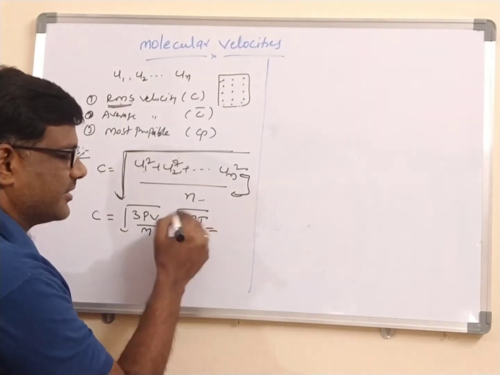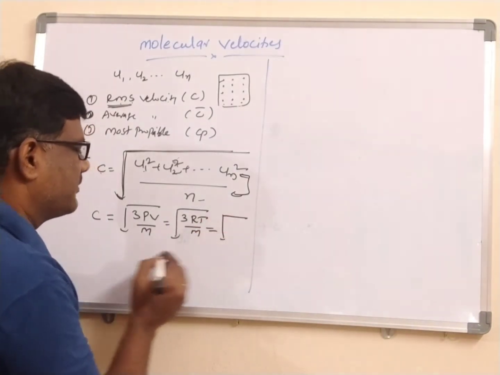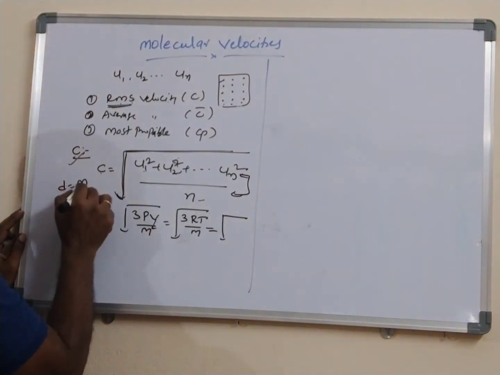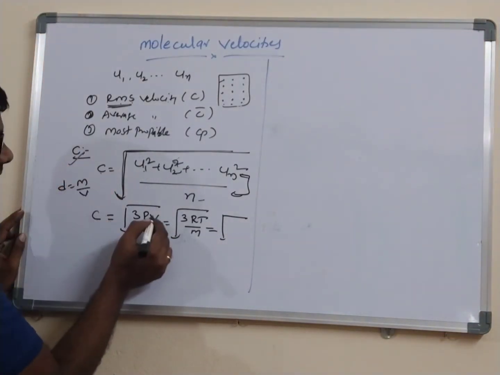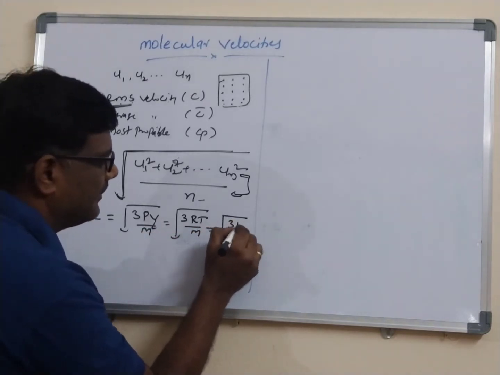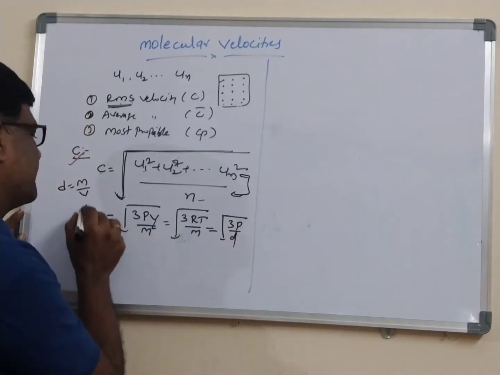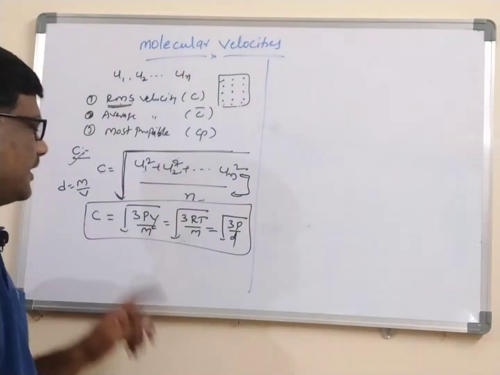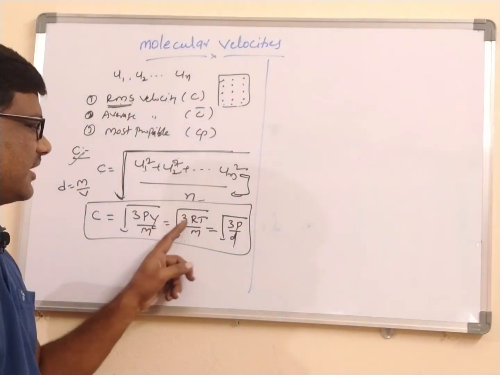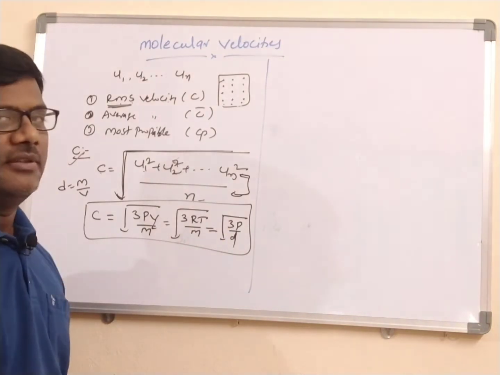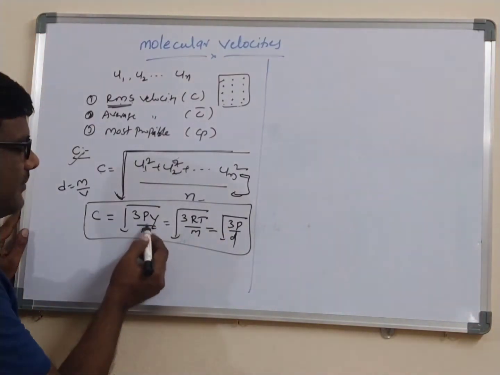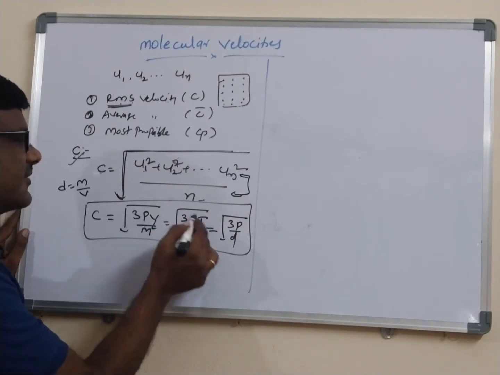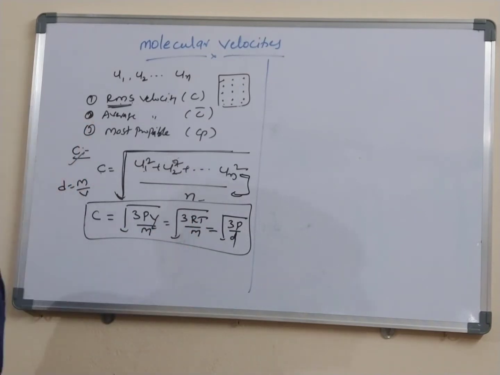Also, V by m is nothing but 1 by d, since density is mass by volume, so it is under root of 3P by d. Whenever you are given volume, pressure and mass, use the first formula. If temperature and mass are given, use 3RT by m to calculate the RMS velocity.